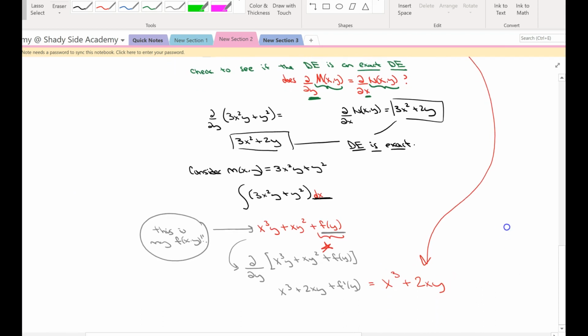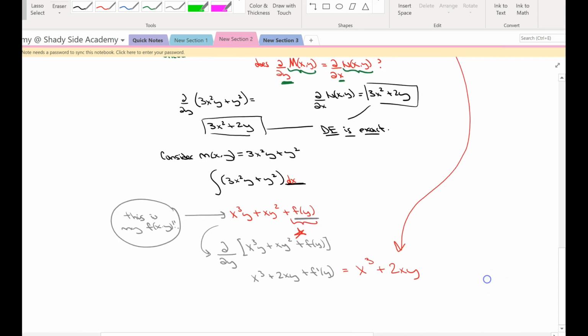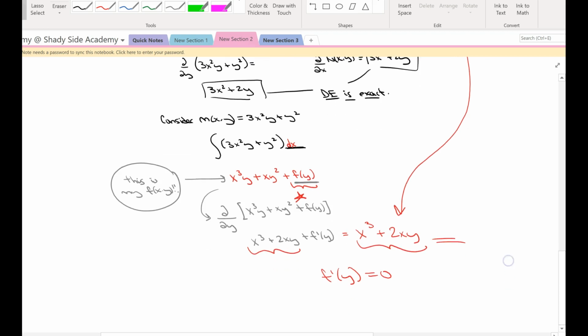Very good. Now you see what's going on here. It just so happens that if you look over here, x cubed plus 2xy, x cubed plus 2xy. But interestingly, f prime of y equals 0. Which means then what, everyone? Yes, which means then f of y equals some constant, a traditional constant.